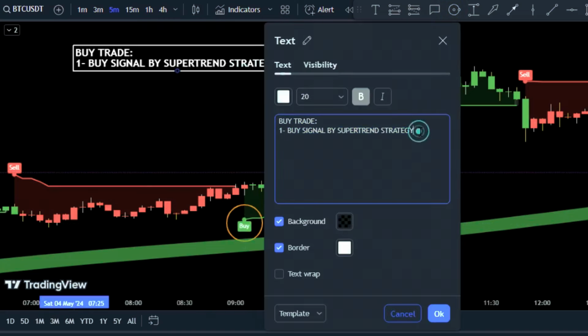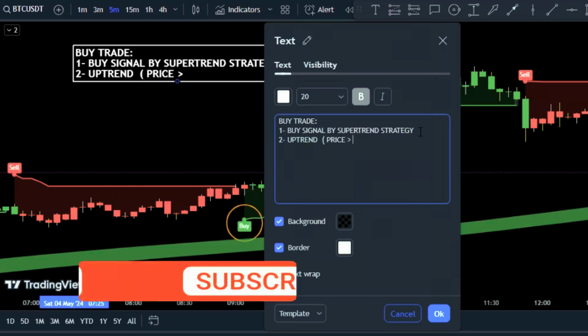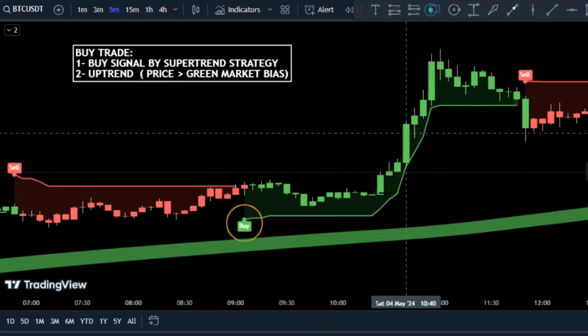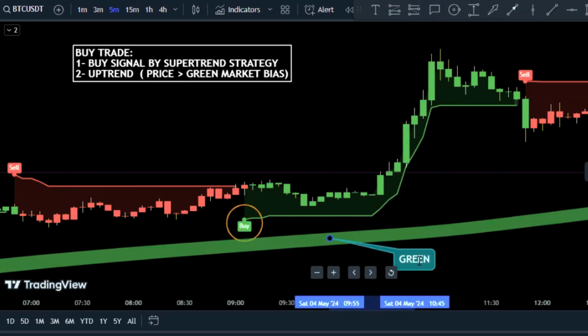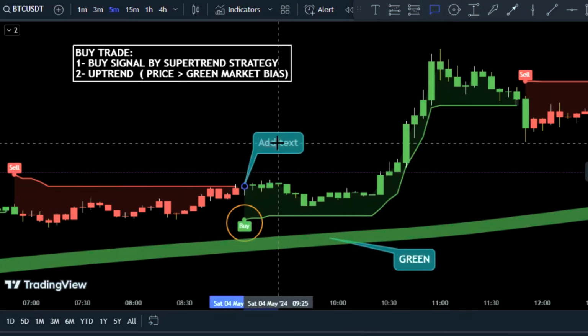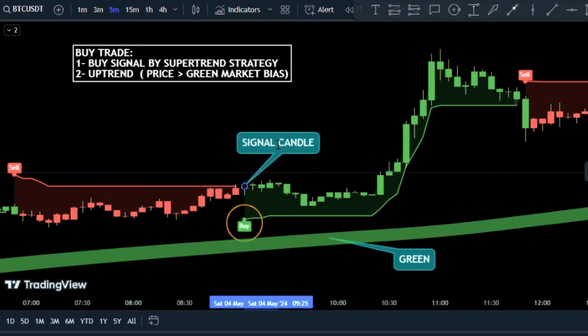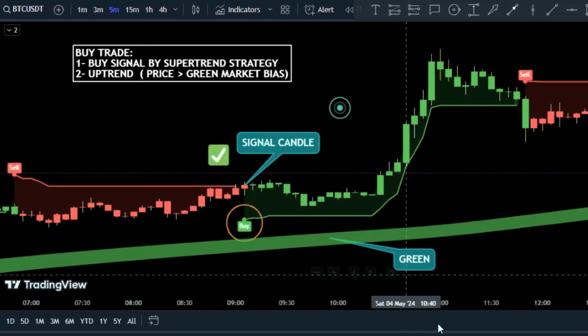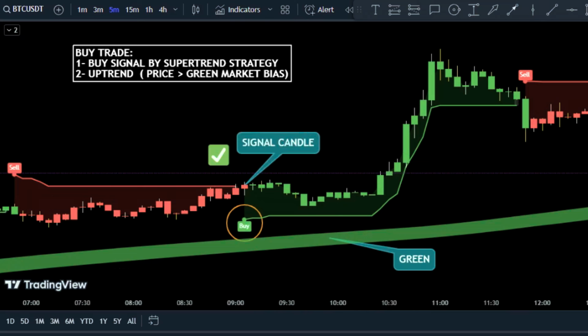Next, we'll confirm that the market is trending upward by checking our awesome market bias indicator. So once both indicators are in agreement, it's time to dive into the buy trade.